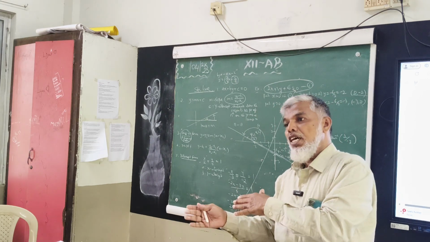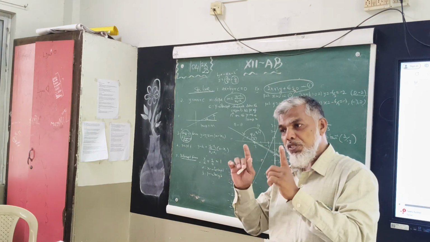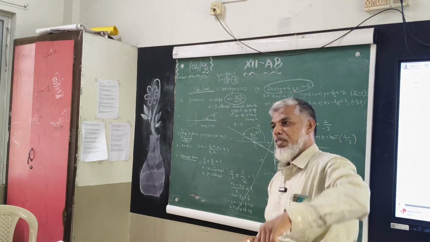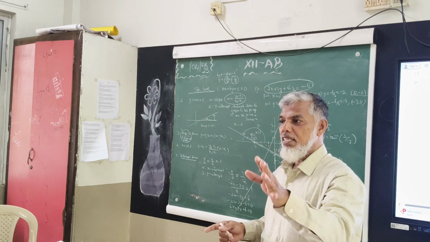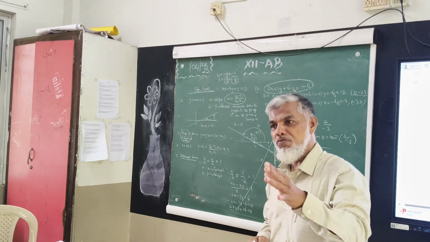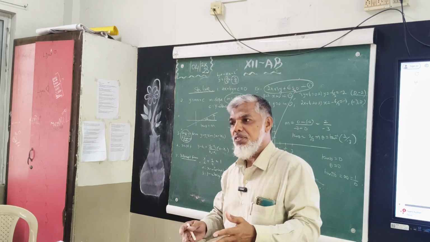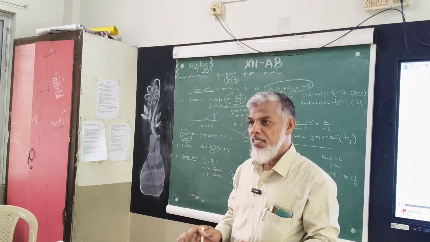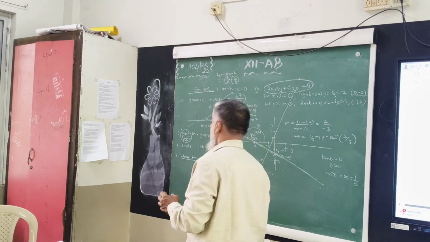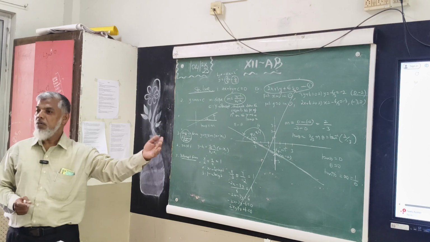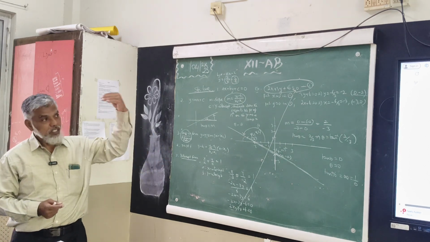In calculus, f dash of x, the first derivative, is positive, then it is a 1 1 function, an increasing function. Negative, then a decreasing function. For a 1 1 function, what can you say about f dash of x? Positive. Right? So therefore we can match this to other concepts.